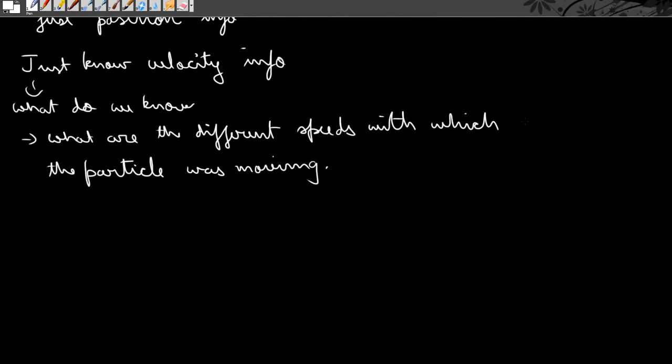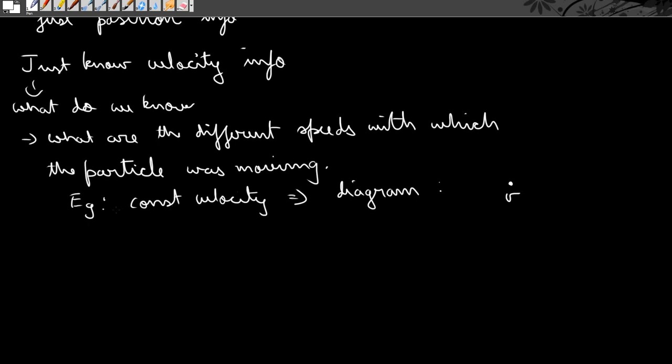So for example, if the particle was moving with constant velocity, the diagrammatic representation will be just a single point given by v. Okay, so that is all the velocity information tells us. What are the different speeds with which the particle was moving?